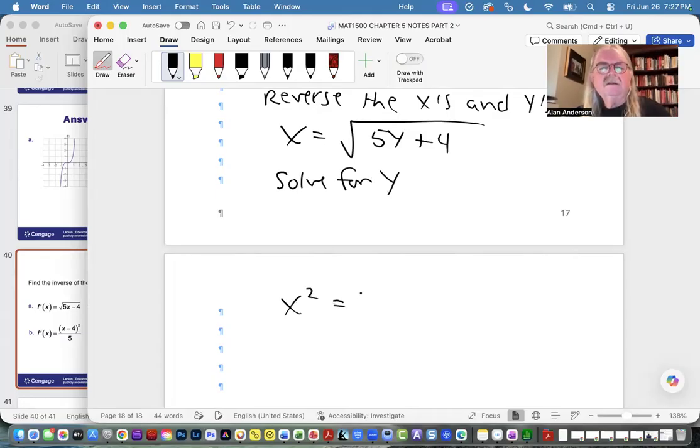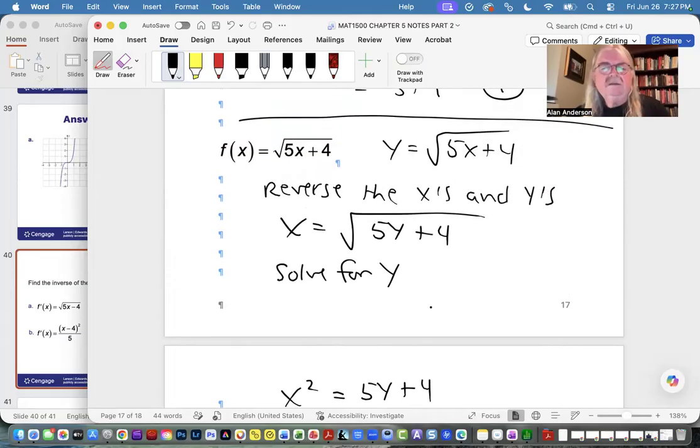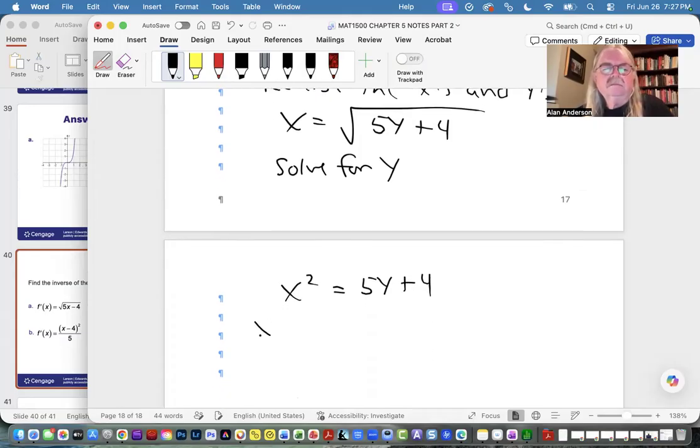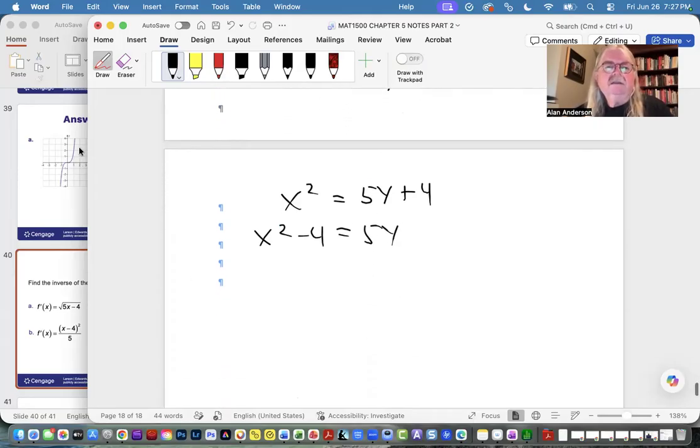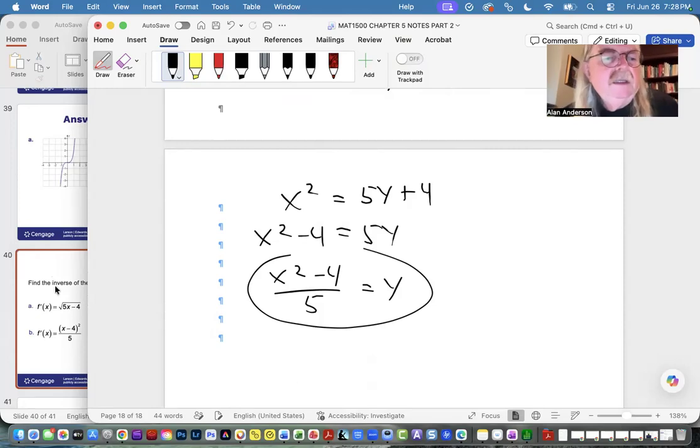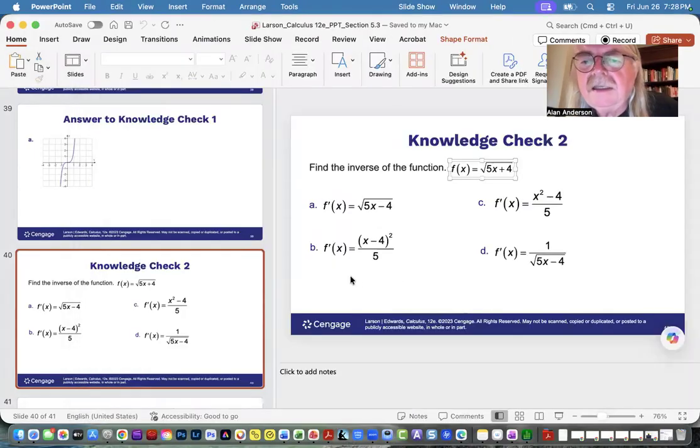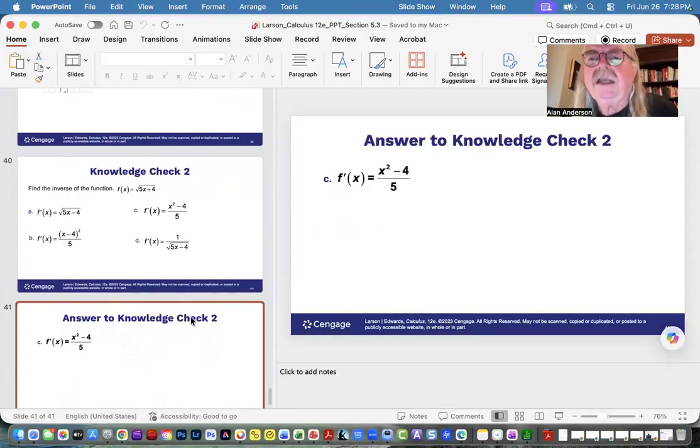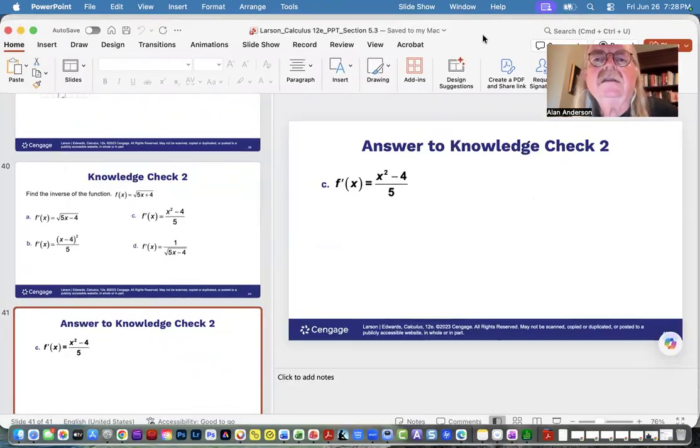Square both sides, and then we'll subtract, of course, that 4, and divide out the 5. And that should do it. Okay. So let's see, which one do they? Looks like it's C, and that's it. Okay. All right.